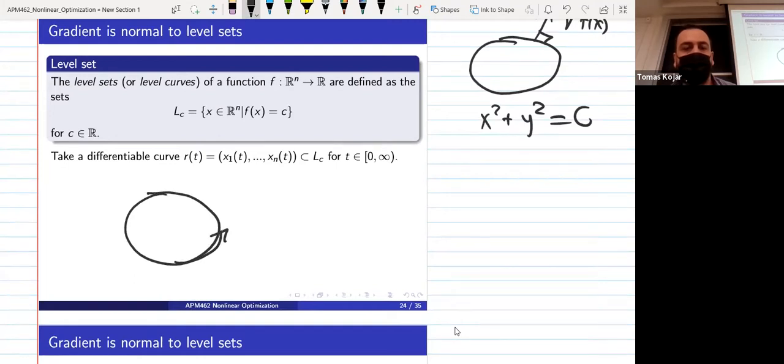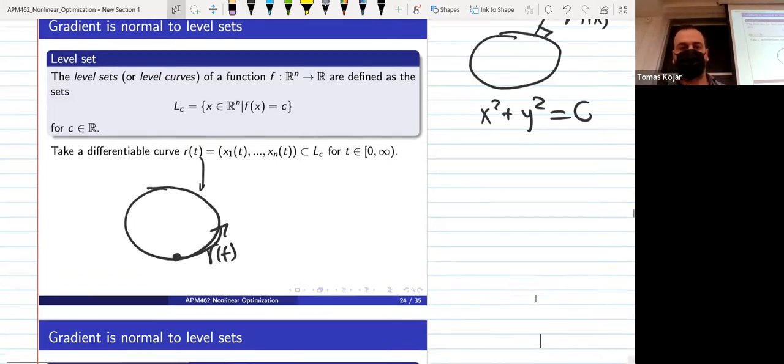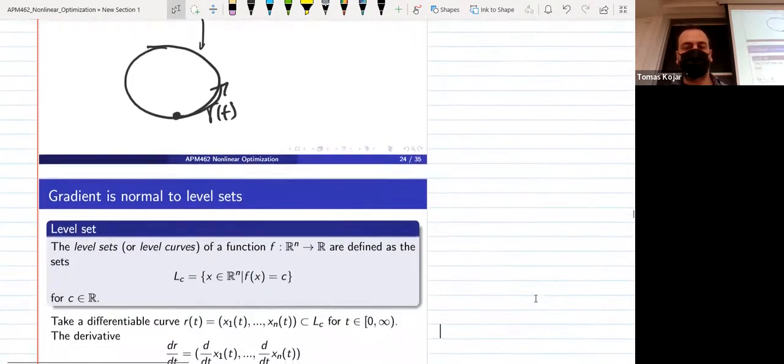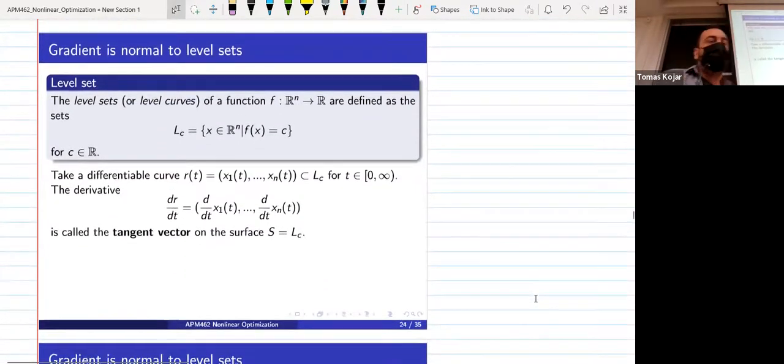Suppose this is the level set, the unit circle, and give me a curve inside it, r of t. So this is a curve inside the level set. By definition, the derivative of this curve is called the tangent vector. Have you seen tangent vectors? You've seen it? Okay, good.